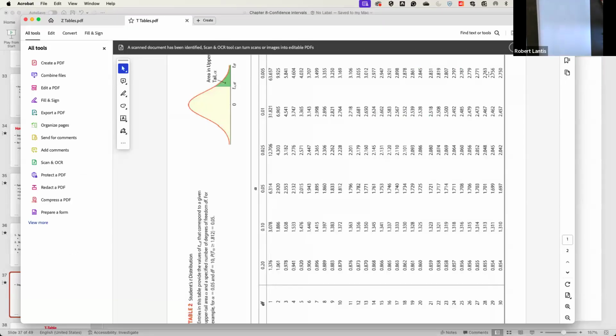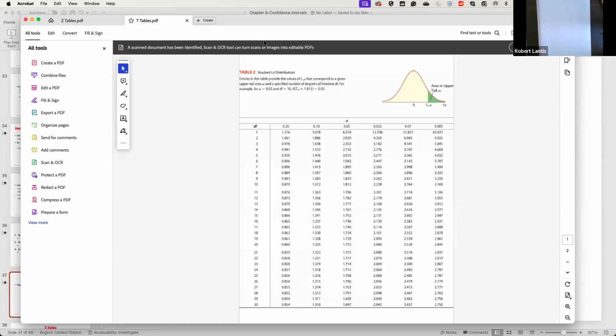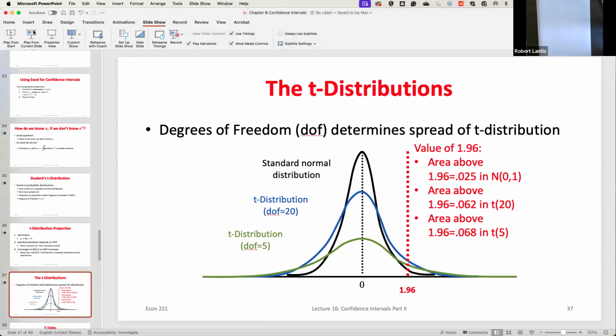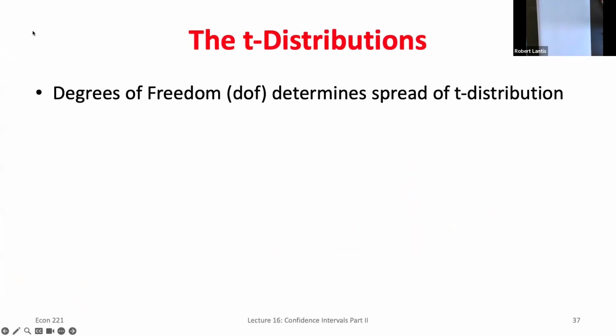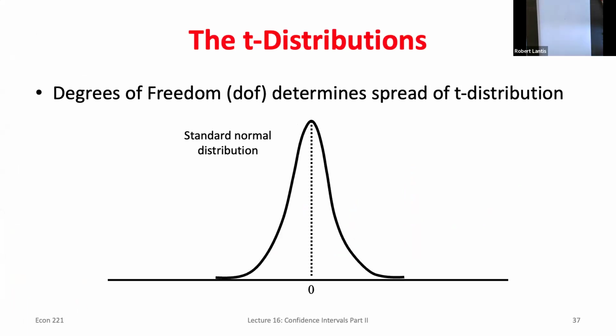Sorry about that. So here's the t tables that we're going to end up using. Before we go there, just to point out, this is what my student t distributions look like. We're going to have a different distribution for every degrees of freedom. Here would be my standard normal distribution.